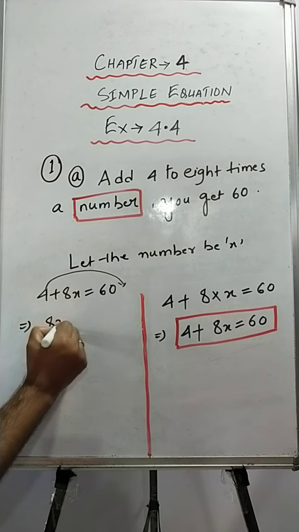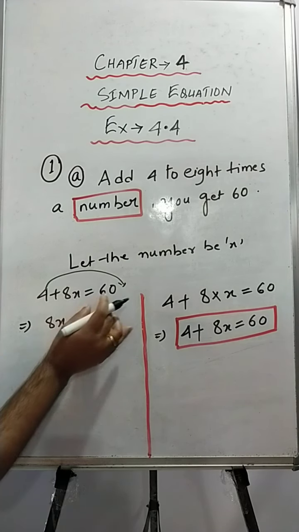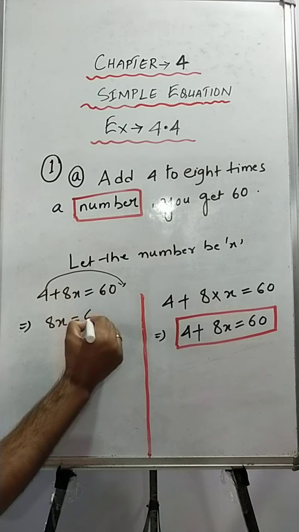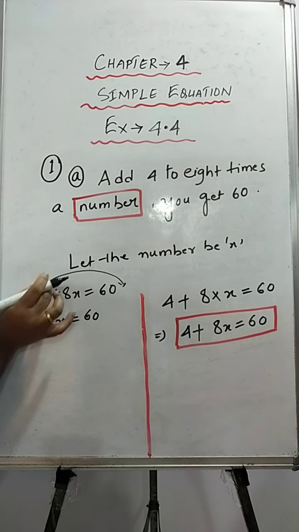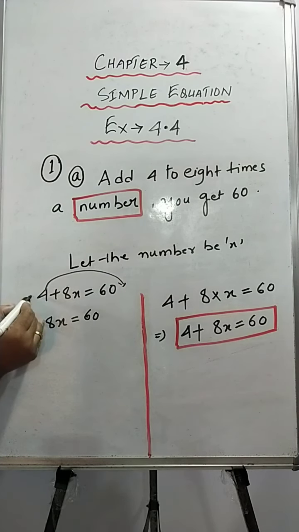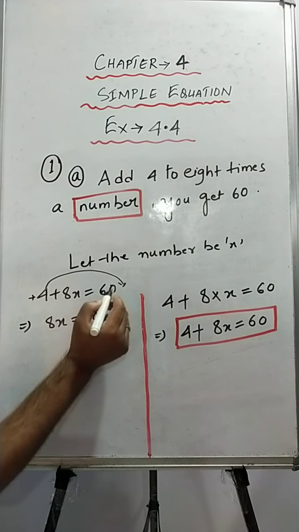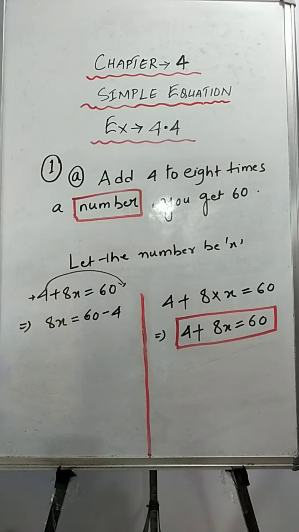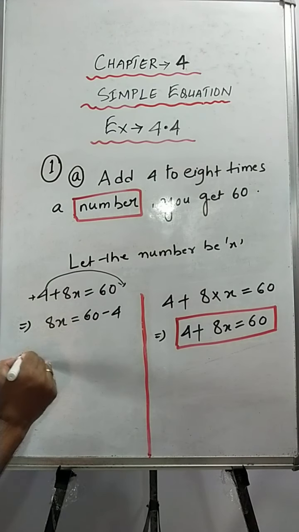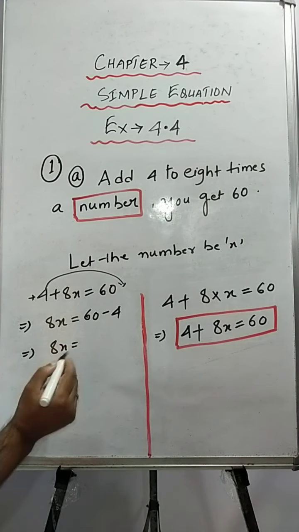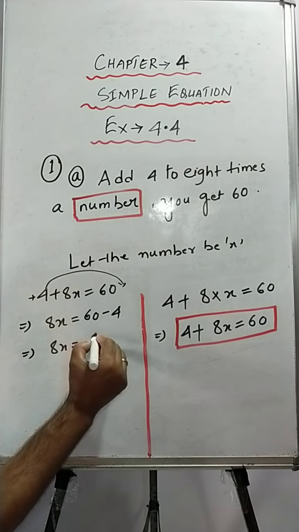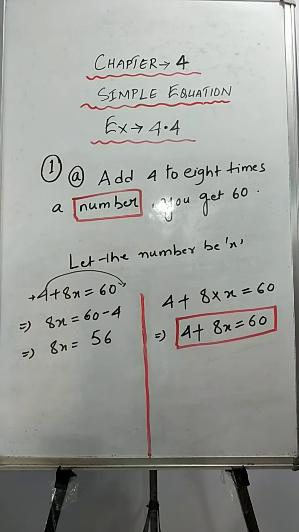In the next step it will look like 8x equals, we write 60 first, and then this number will come here. It is carrying a plus sign, no sign means plus sign. So plus 4, when it goes to the right hand side, will become minus 4. So 8x would be equal to 60 minus 4, that is 56.